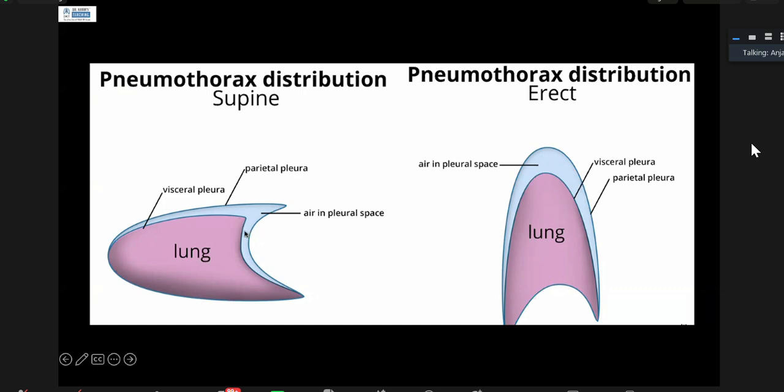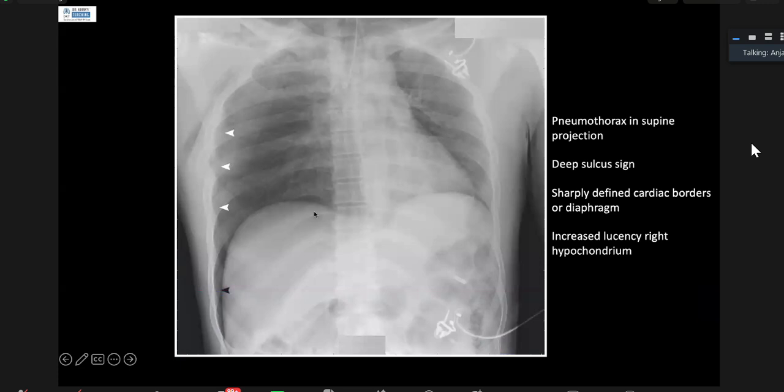So when you're in the supine position, the free air, the air within the pleural cavity, that is pneumothorax, it will move to its new non-dependent position, okay? So it will come to the inferior, anterior, and medial aspect, outlining the structures in that area better. So that's why we are seeing a deeply outlined costophrenic angle.